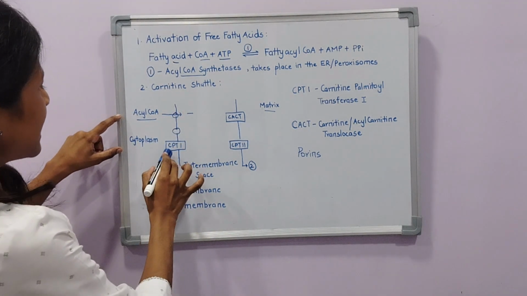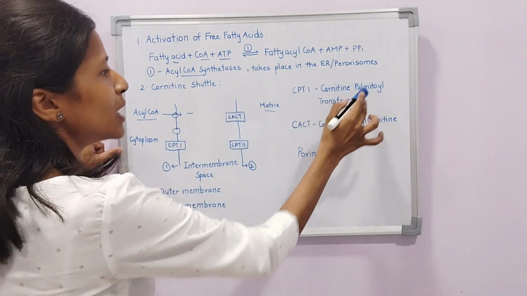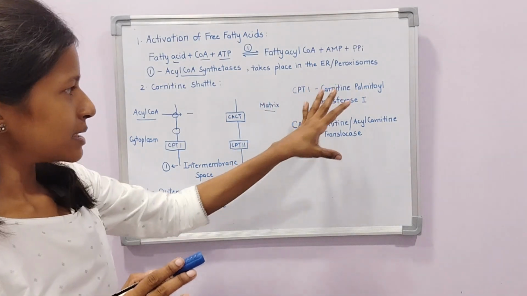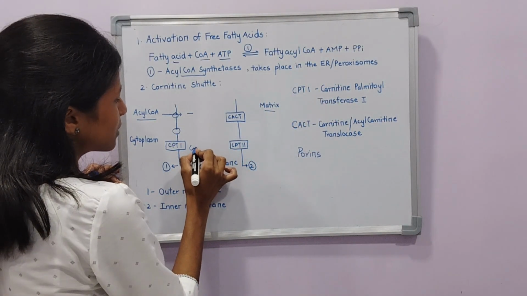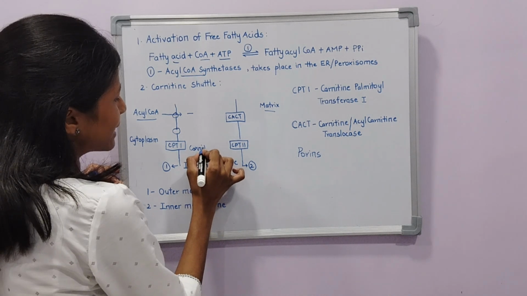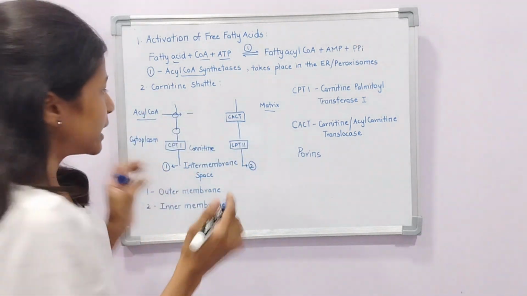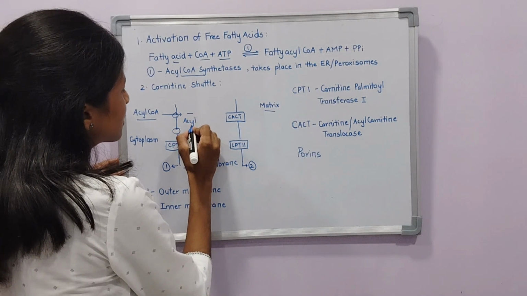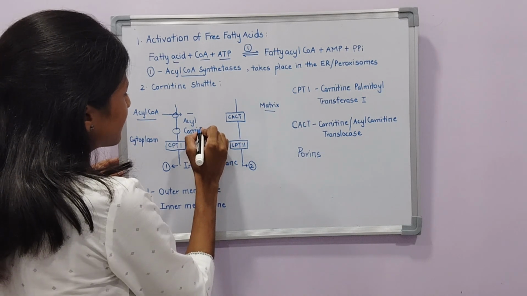First, there is an enzyme called CPT1 or carnitine palmitoyl transferase 1. The job of this enzyme is to add a molecule of carnitine to the acyl-CoA, thus converting it into acyl-carnitine in the intermembrane space.